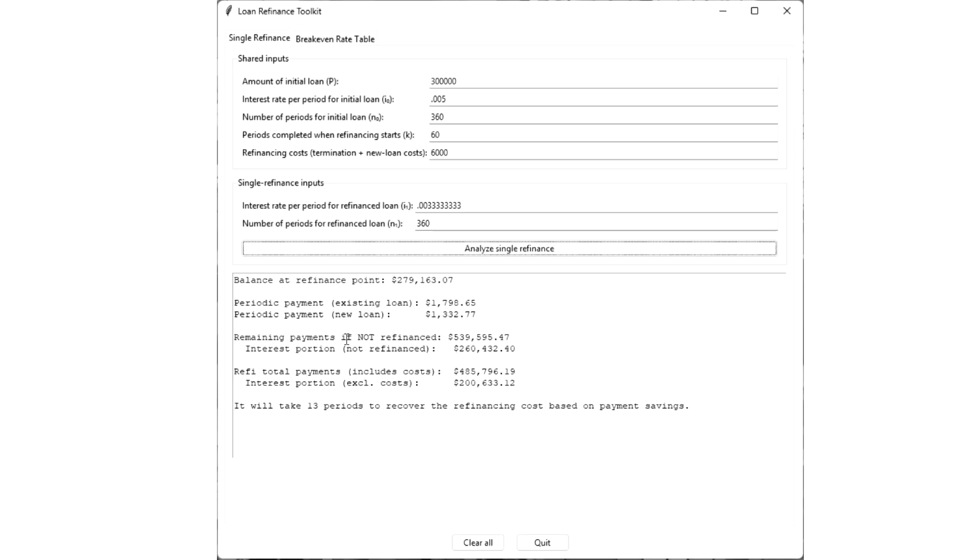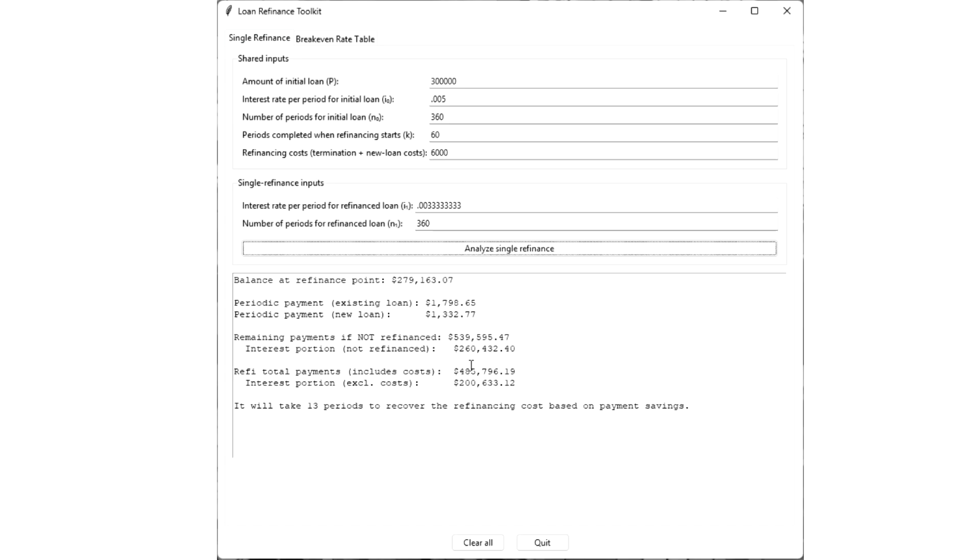Then I have the remaining payments, if not refinanced, would have been $539,595.47. Then the interest portion, $260,000 and some additional money there. And then the refinance total payments, $485,000.